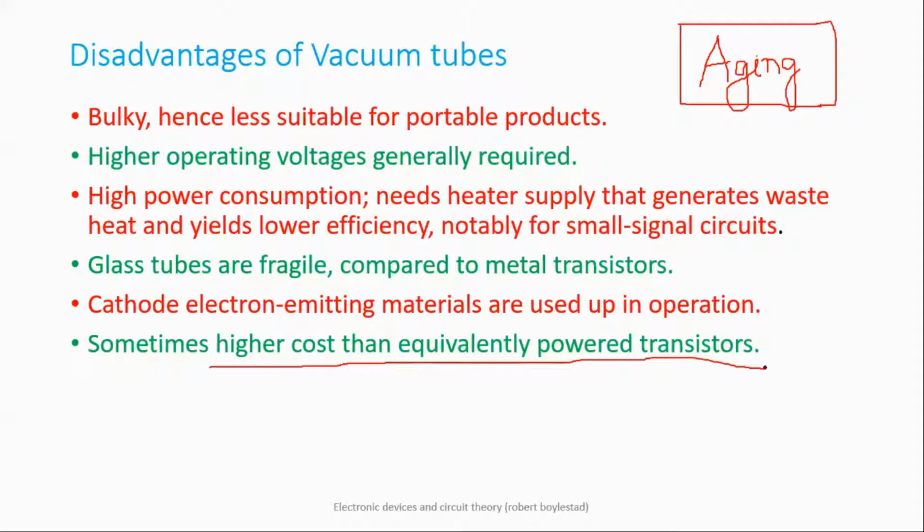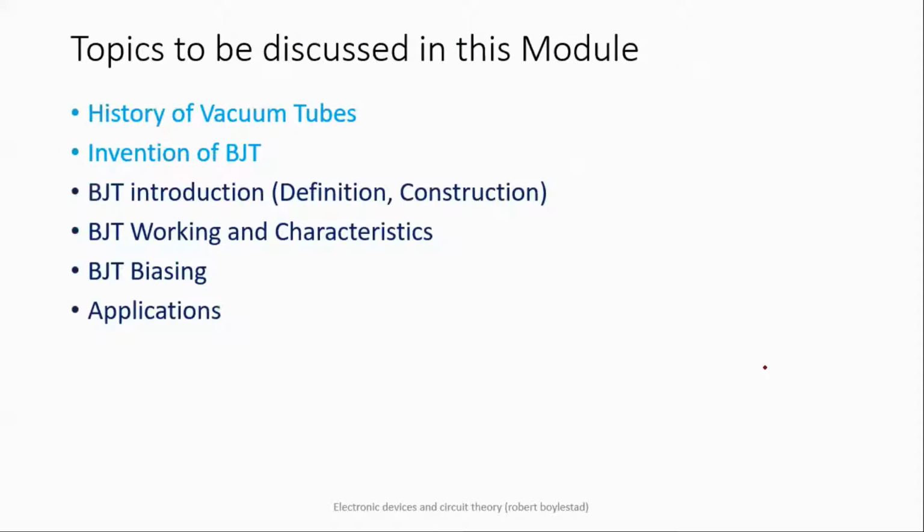So they looked at how they could make things small and portable so that they could be used in wars. They found that vacuum tubes cannot be used, so they started looking for an alternative to vacuum tubes. An alternative to the vacuum tube means the invention of the BJT.